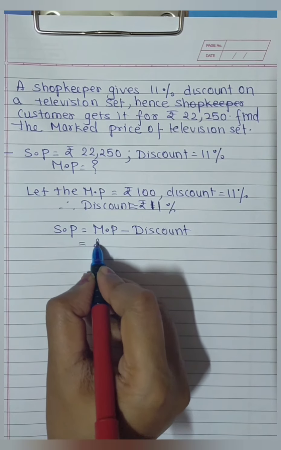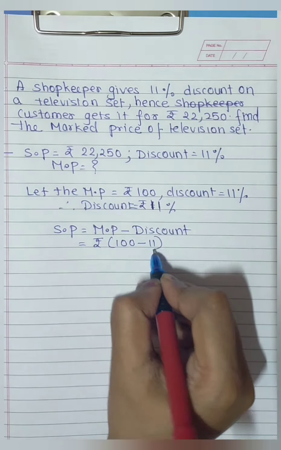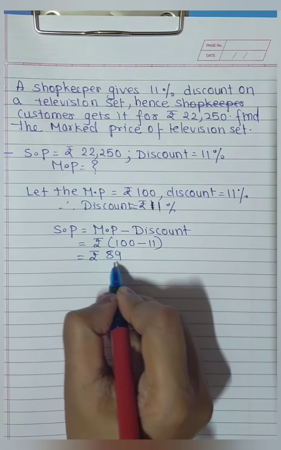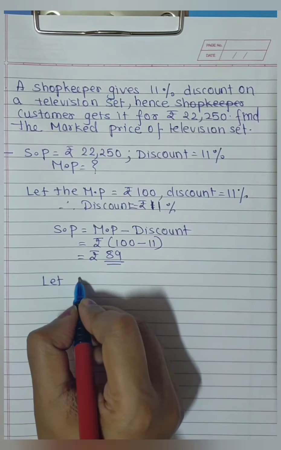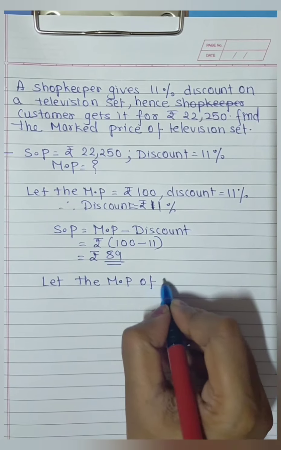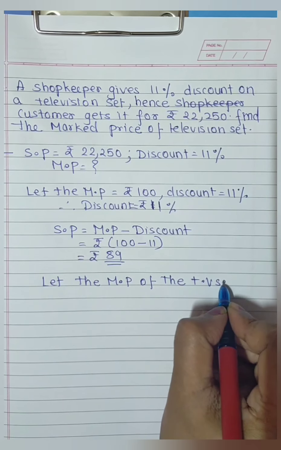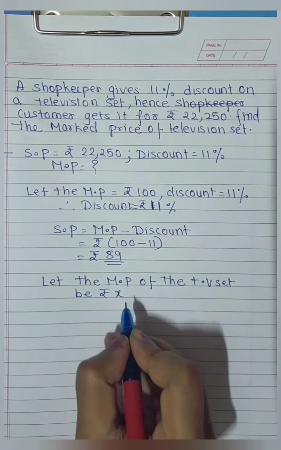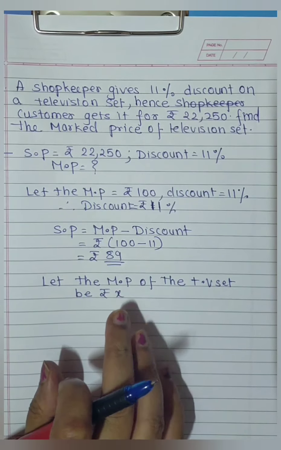So here rupees 100 minus 11, so we'll get rupees 89. Okay, so let the mark price of the TV set be rupees X. We are going to assume that the TV set mark price is X.